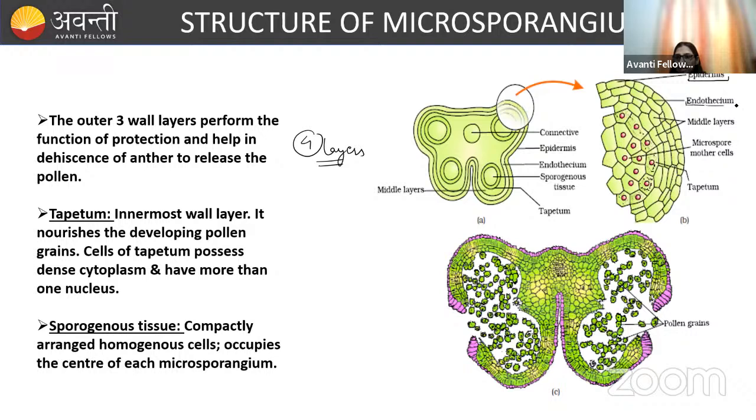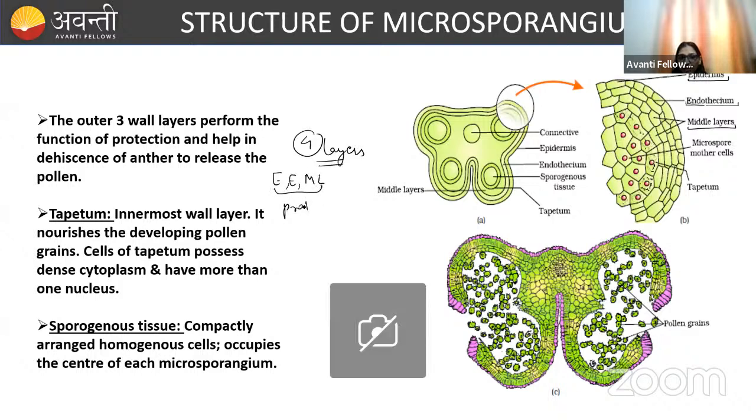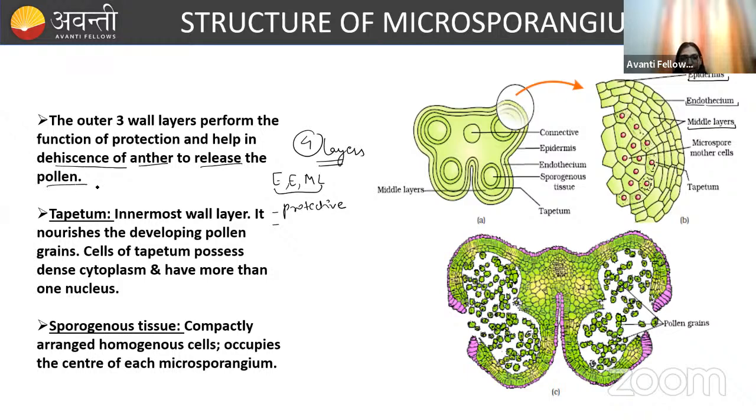Second one is the endothecium, which has radial thickening. Inner to the endothecium is the middle layer, which is 2 to 3 layers. The function of the epidermis, endothecium, and middle layer is protective in nature. And second, they help in dehiscence of the anther to release the pollen.